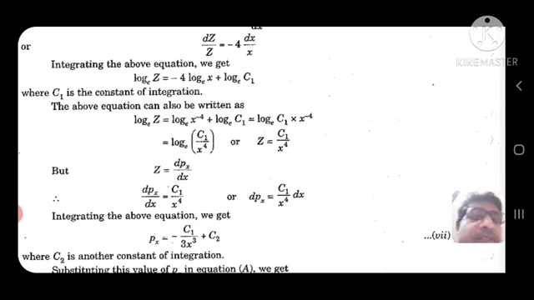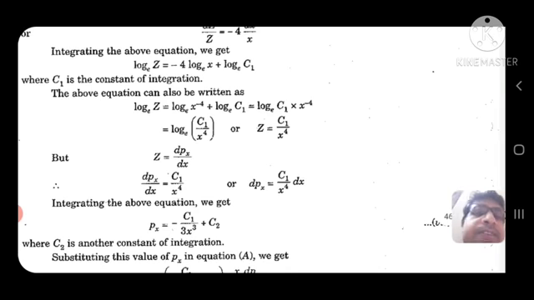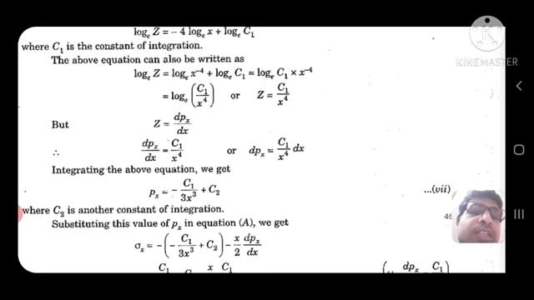The above equation can be written as log z base e equal to log x to the power minus 4 base e plus log c1 base e, that is equal to log c1 by x to the power 4 base e. So z equal to c1 by x to the power 4.